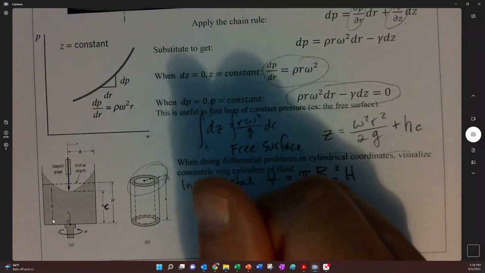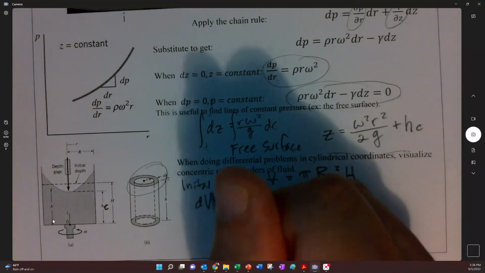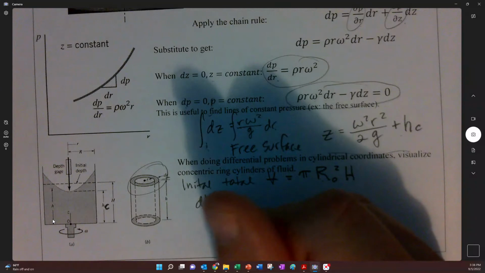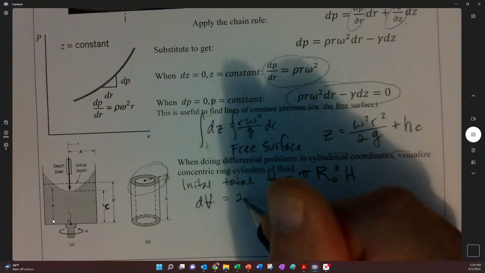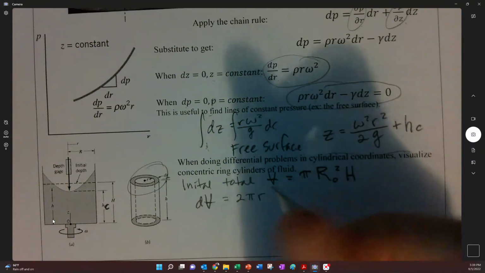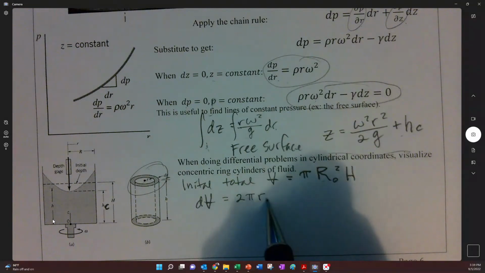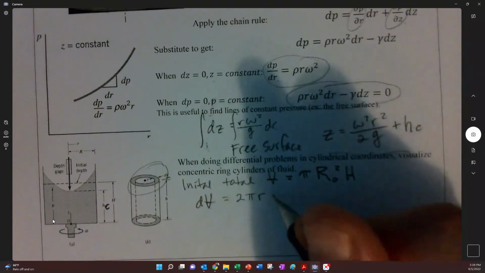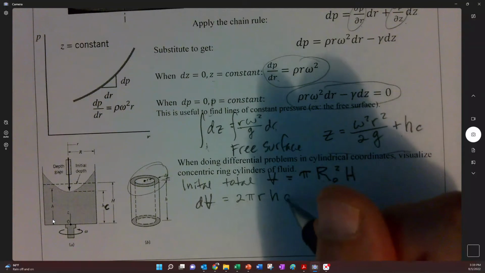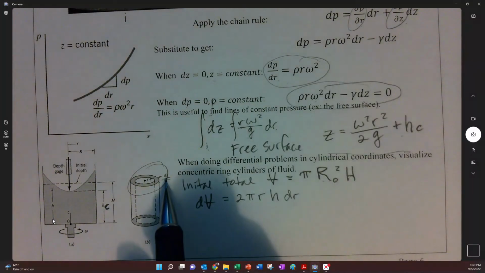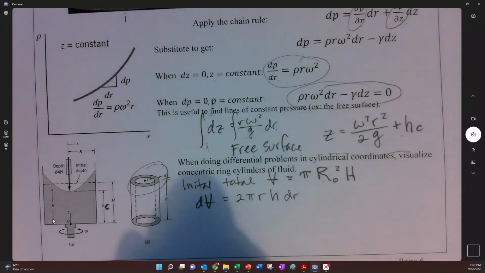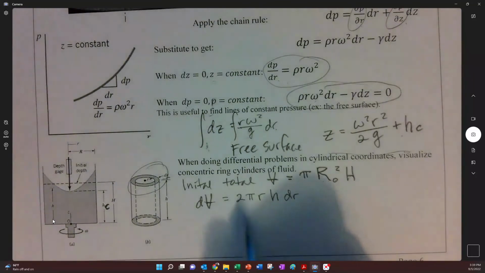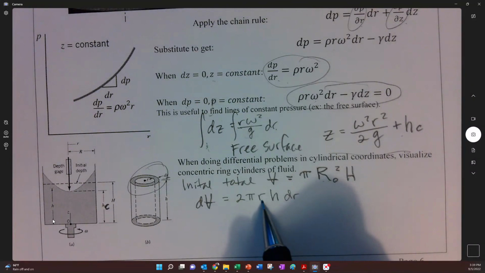So we would have dV equal to 2 pi r, because that's the circumference, and here's the height, but here is the thickness of the ring, that dr. So we can integrate this knowing how r is related here.